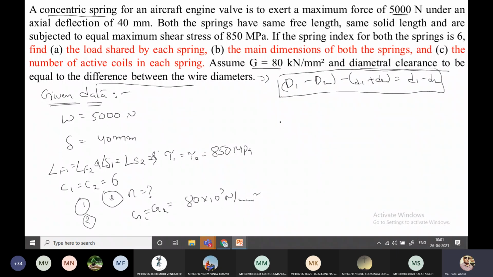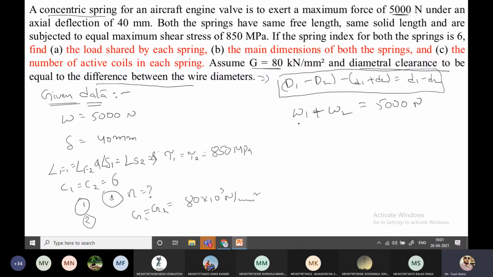Now the first question: what is the load shared by each spring? Let W1 be the load carried by the first spring and W2 the load carried by the second spring. The total load is applied on the two springs because this is a concentric, composite spring. So the total load carried by the whole setup is 5000. But I don't know how much W1 and W2 are.